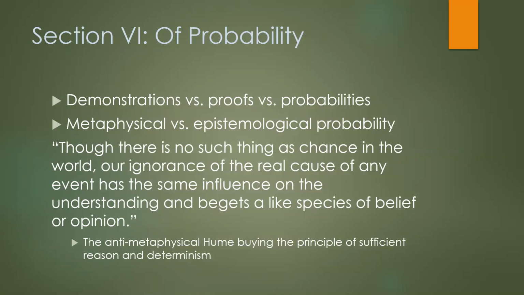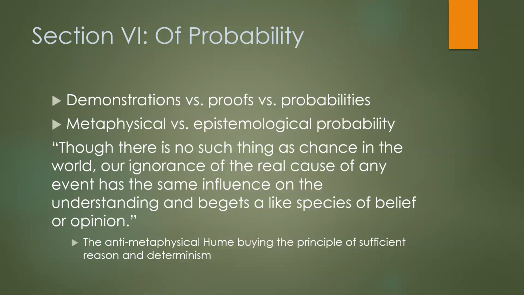So he's denying that metaphysical probability exists, but there is a like species. That is, there is a similar case, and that's the epistemological one. So all of the probabilities we deal with are a result of our lack of knowledge. It's a result of our ignorance, not about the world itself being undetermined.